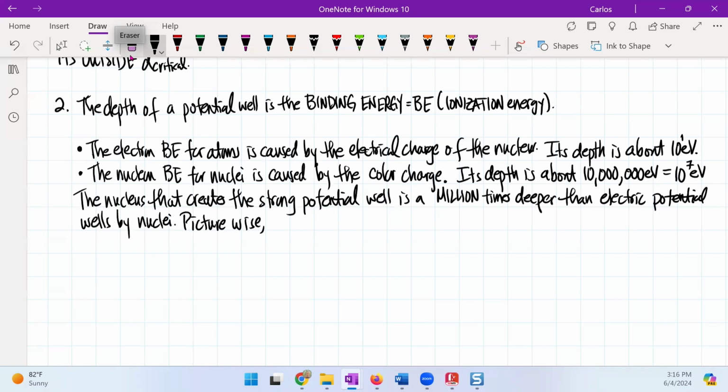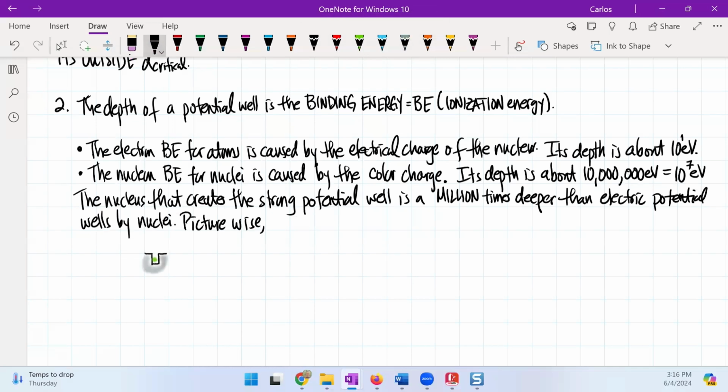So we want to start to simplify our picture. I'm going to say I have a little tiny well right here, and I'm going to put an electron in that well. This is my forbidden region.